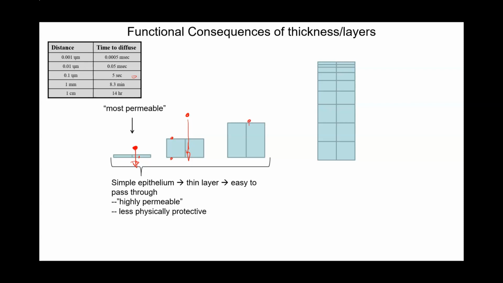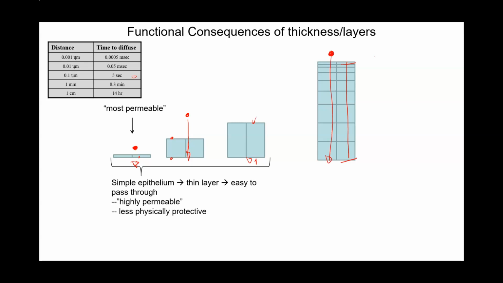Here, it takes even longer to get through because the distance from the top of the columnar cell to the basal surface of the columnar cell is larger, right? And over here, I have a stratified tissue. Each one of these squares or rectangles represents a cell. I have many, many cells stacked one on top of the other, making a very thick layer. It would take a super long time for that molecule to diffuse through.